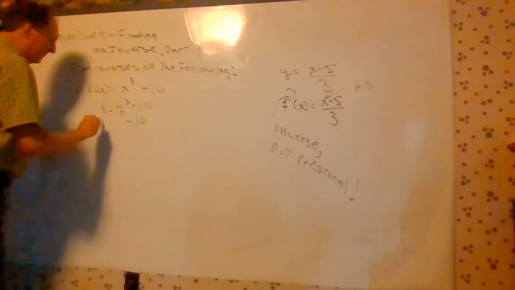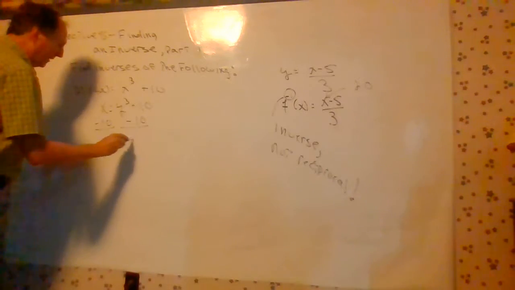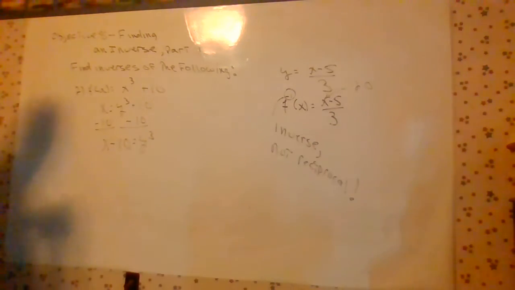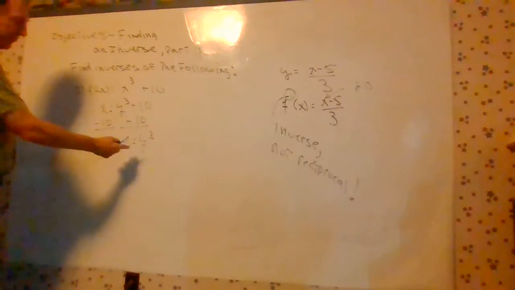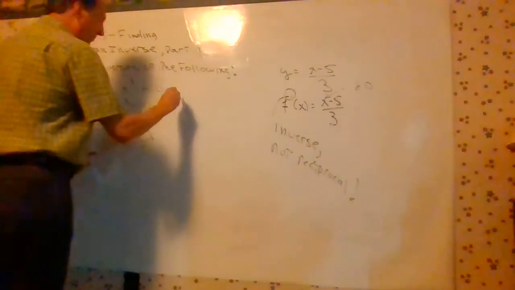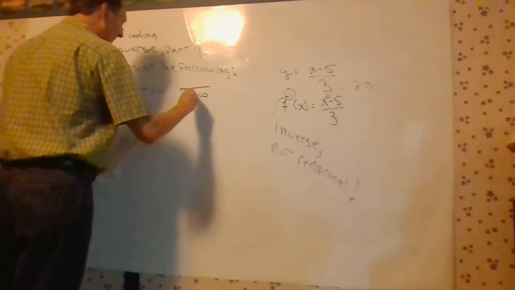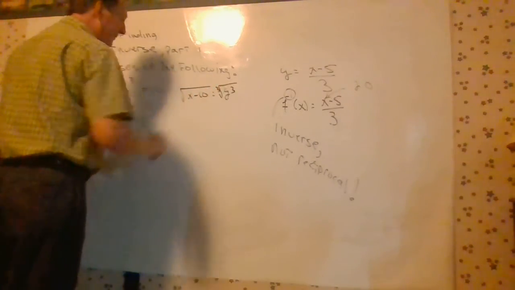Subtract 10. x minus 10 equals y cubed. And then we want to keep in mind we're solving for y, so we want to take the cube root. Cube root of x minus 10 equals cube root of y cubed.